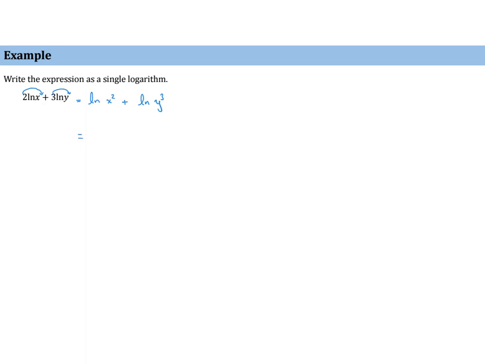So whenever we add two logarithms, we have log base a of m plus log base a of n. We can write that as log base a of mn. Natural log of the product of x squared and y cubed.